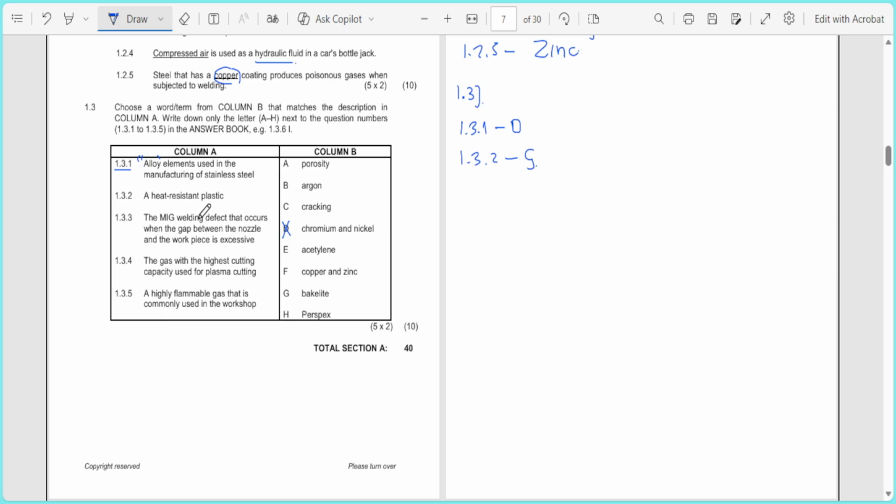I don't know if you know this, but bakelite is the first synthetic plastic and also has excellent heat resistant properties. This is one thermosetting plastic that doesn't actually melt when heated. It does melt, but at a particular value of temperature.